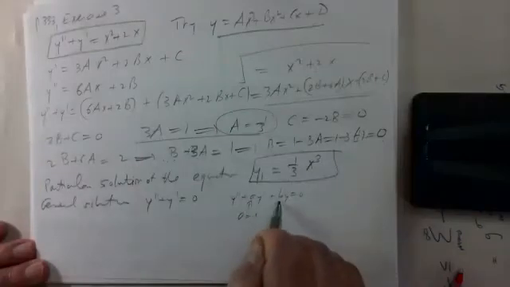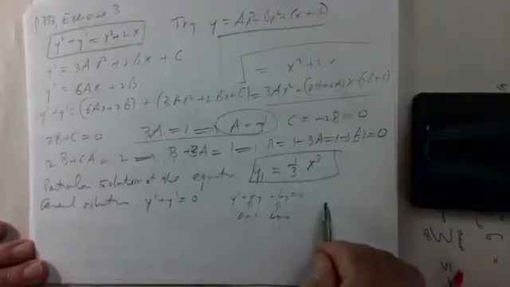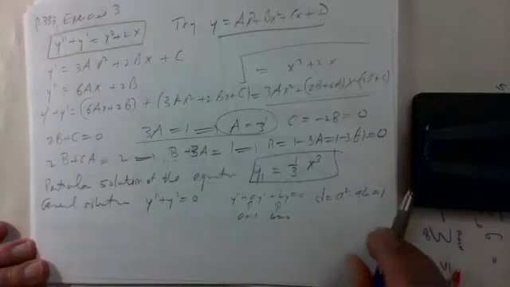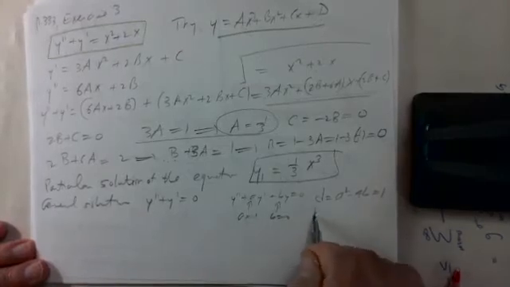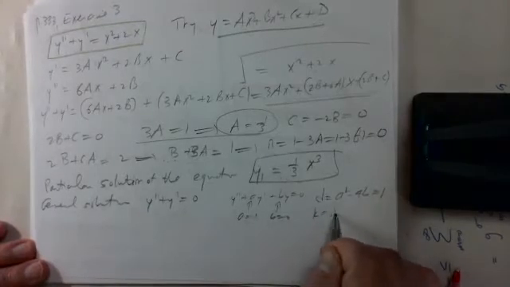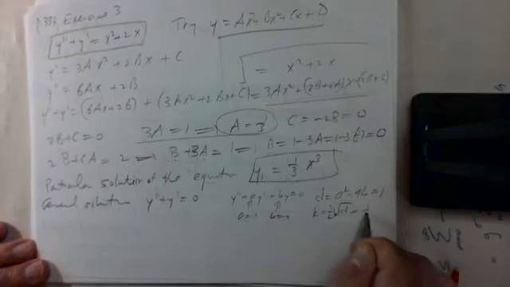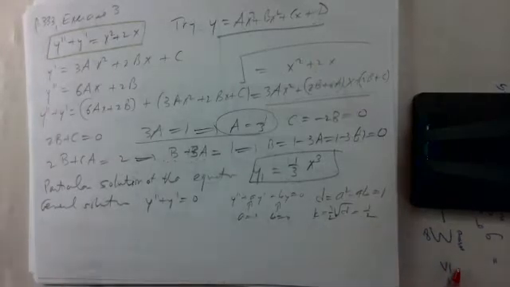A is equal to 1, b is equal to 0. The discriminant d, which is a squared minus 4b, is equal to 1. K, which is 1/2 the square root of d, is 1/2 of 1, which is 1/2.